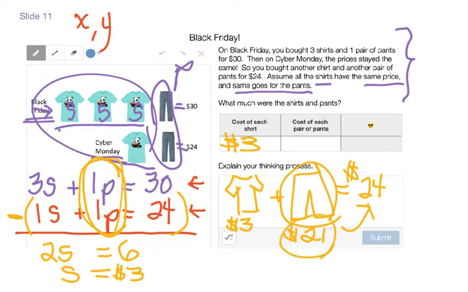So therefore, my pair of pants was $21. And I can go back up here to my very first equation, and if I put in $3 for each shirt, and I put in my pair of pants of 21, that equals 30 for sure, because 3, 6, 9, 9 plus 21 is 30, and I know that the other is 24. Therefore, I'm going to put a happy face when I do that.